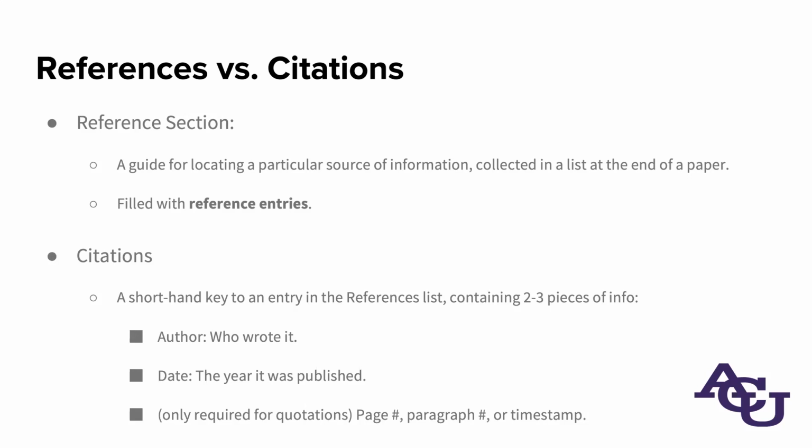Now, you can also include these when you're just doing a regular citation as an aid for the reader or for yourself as the writer to be able to go and find more information in case you're asked to expand something. But it's only, strictly speaking, required if you are using direct quotations, which should also be marked in quotation marks, as well as having the 3 elements, the author, the date, and the page, paragraph, or timestamp numbers.